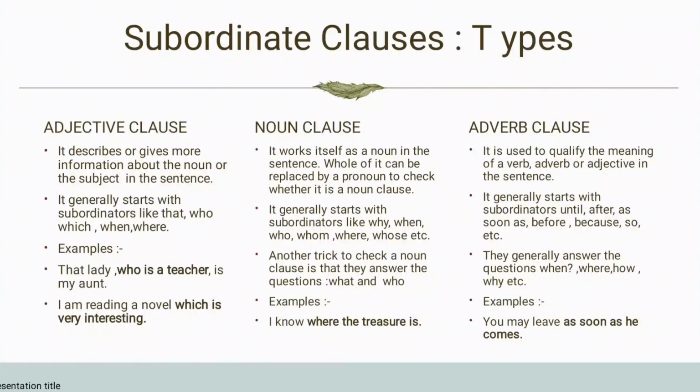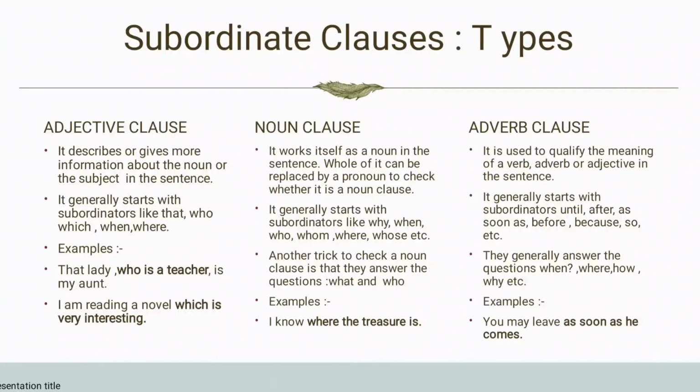"Who is a teacher" is an adjective clause because it describes the subject, that is lady, the noun in the main clause. Which lady? That lady who is a teacher.